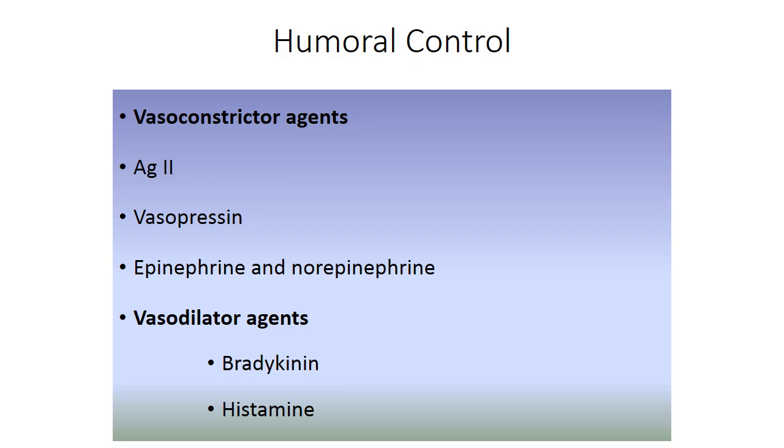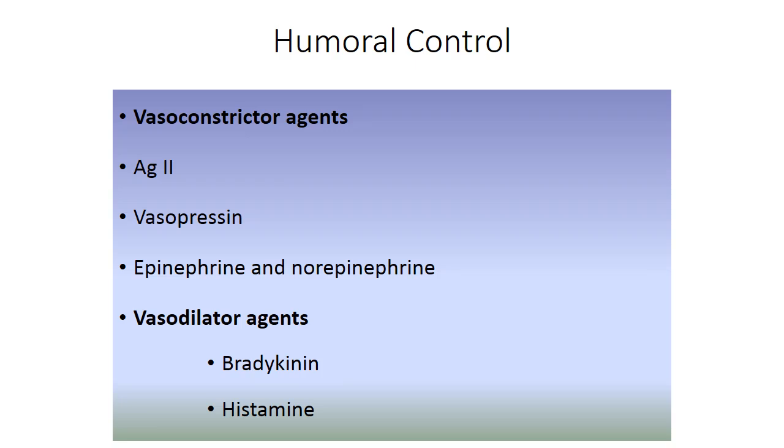Here you can see two vasodilators, bradykinin and histamine. Kinins are small polypeptides that are produced from alpha 2 globulins. At first, an enzyme named kallikrein in the blood can act on alpha 2 globulin and produce kallidin.